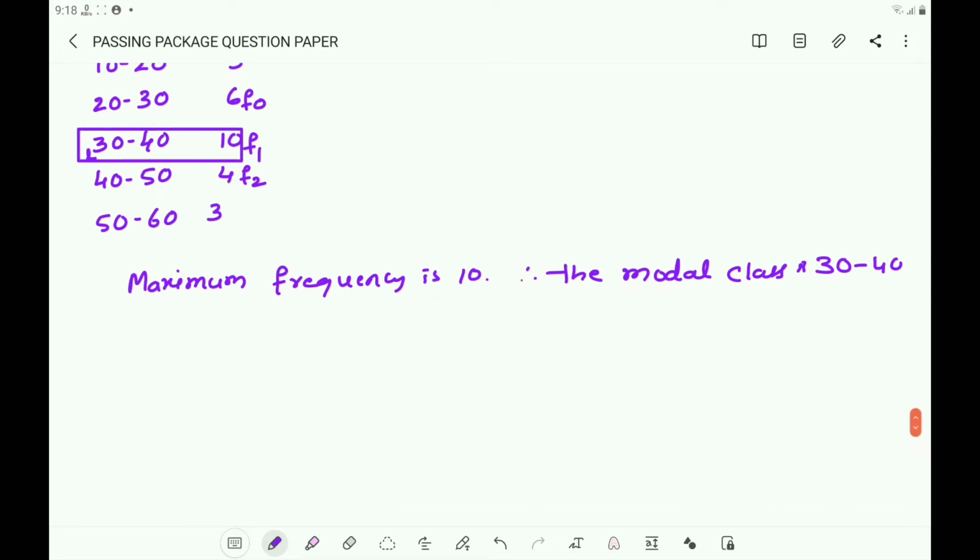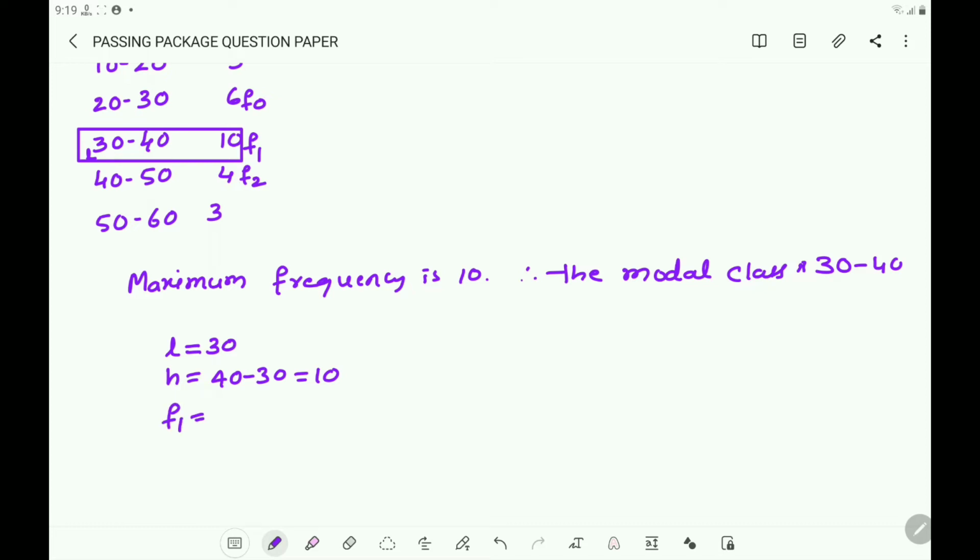First you find out all the values. L equals 30, that is the lower limit. H is the size of the class, that is upper limit minus lower limit. So you write 40 minus 30, which equals 10. H is 10. Next you write F1.